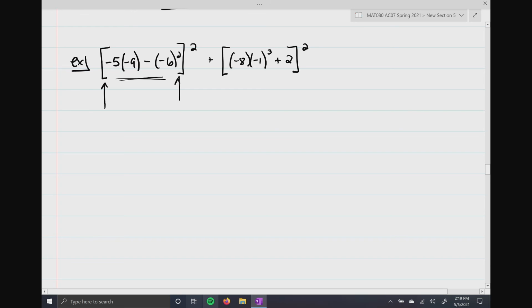So I look at the inside, and I have, oh, that's a really good thing. You know what? I'm going to let you do it. Just what I have underlined here, go ahead and simplify that for me. I want to make sure we're getting the correct answers.